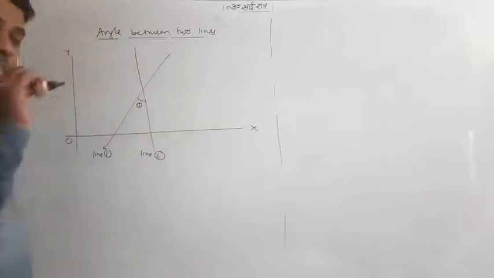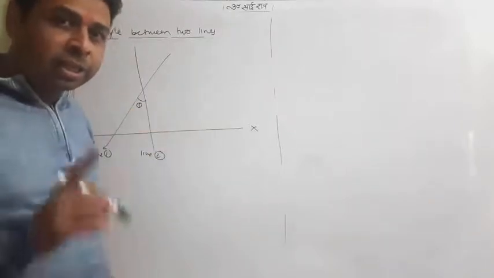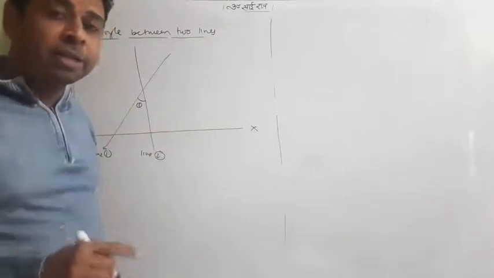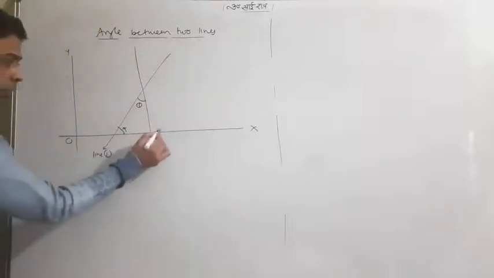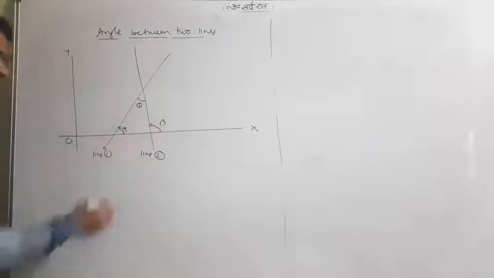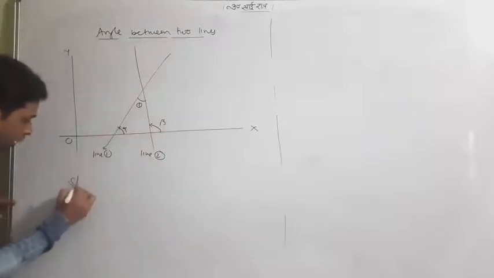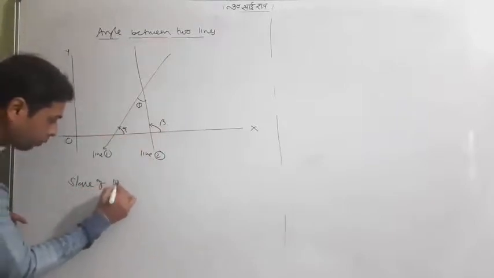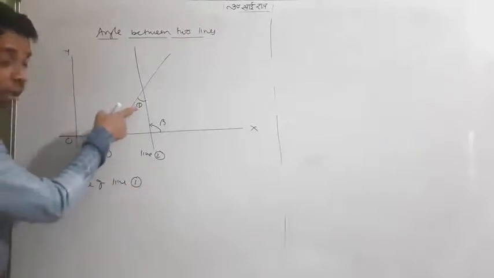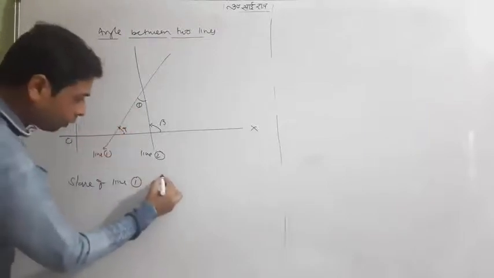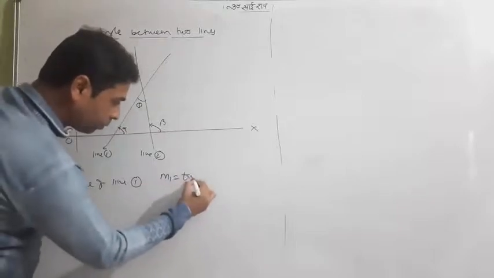Okay. Now again I ask you, what is theta? Theta is not the slope angle. Theta is the angle between two lines. Suppose it is alpha and it is beta. Now if I ask you what is the slope of line 1, one should say tan alpha, not theta. M1 equal to tan alpha.